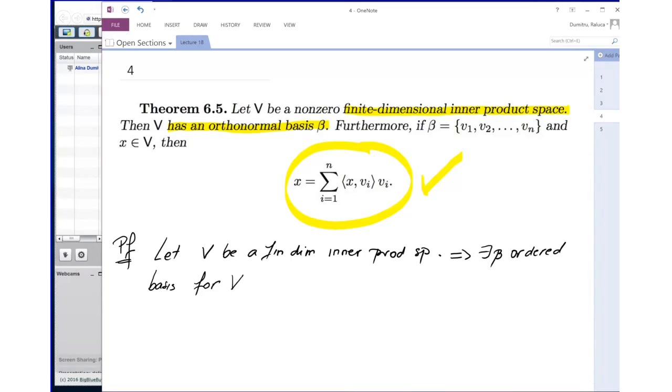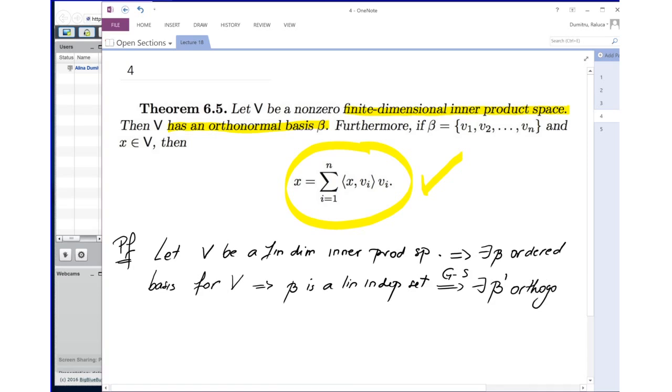All right, so in particular, this beta is linearly independent. Now, Gram-Schmidt says that if you have a linearly independent set, you can find another set that is orthogonal and has the same span as the original one. Beta prime.